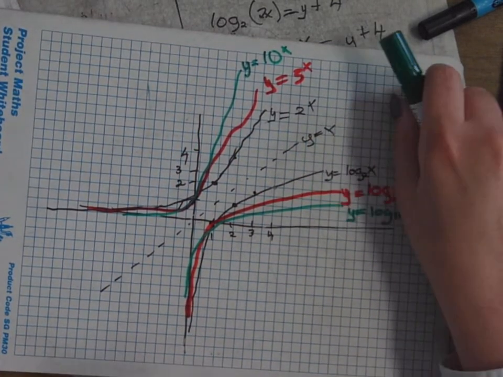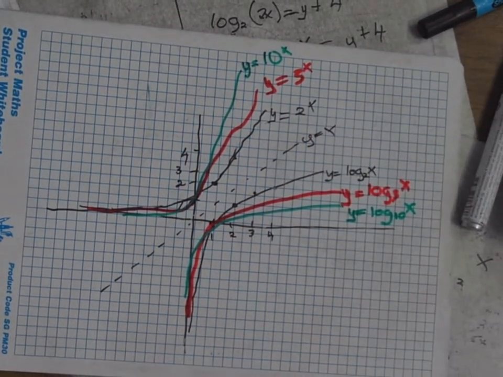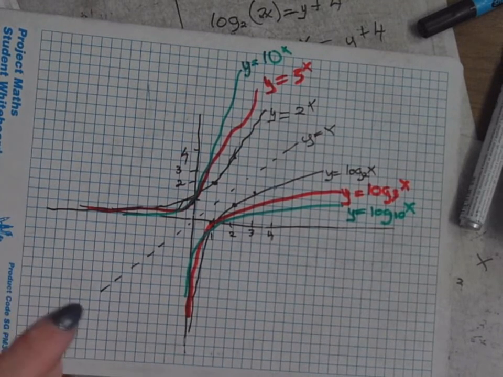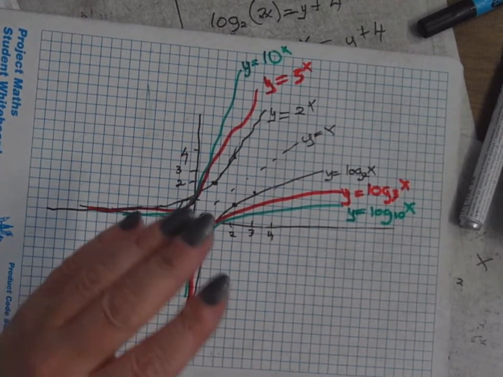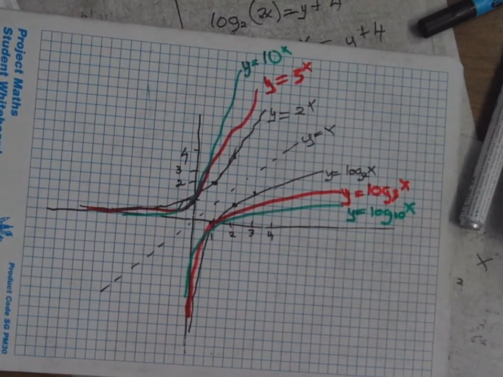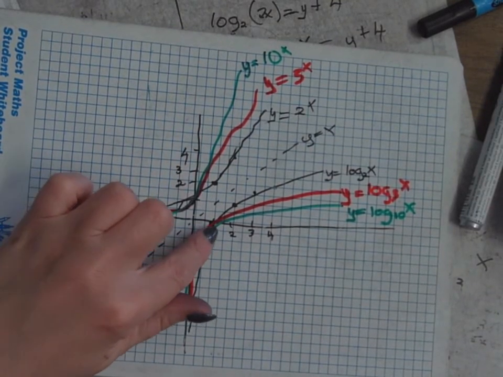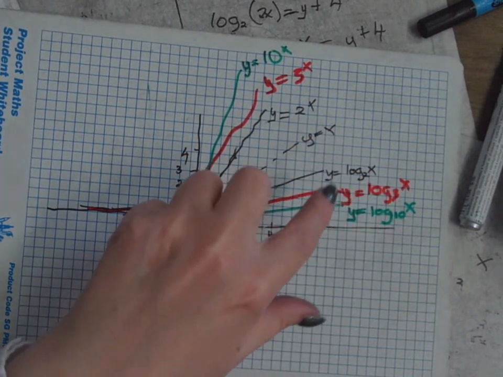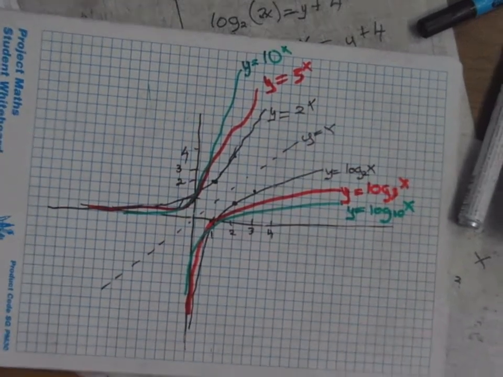Same way for the indexes, you don't need to know a whole lot about the graph. All you need to know is the y-axis is an asymptote. They always cross the x-axis at 1, and the bigger the base, the closer they are to the x-axis in this case.